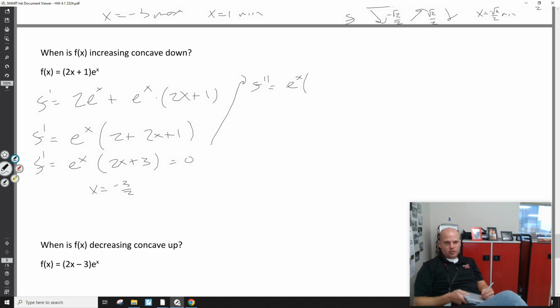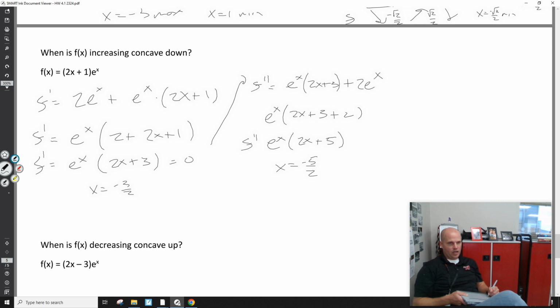Derivative of the first times the second plus the derivative of the second times the first. Factoring out an e to the x, we end up with 2x plus 5. That's my second derivative. And I end up with negative 5 halves. Okay?